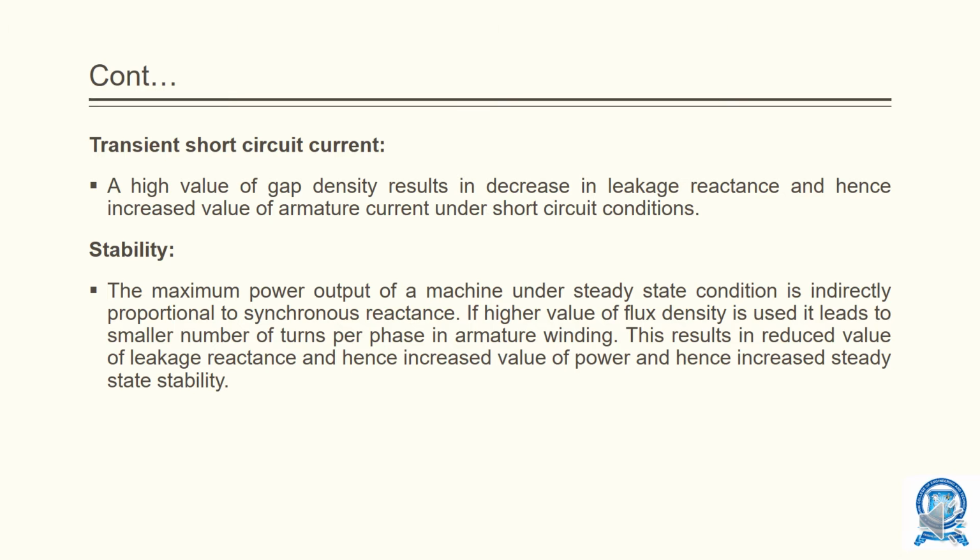If a higher value of flux density is used, it leads to a smaller number of turns per phase in the armature winding. This results in a reduced leakage reactance and hence increased power and increased steady state stability.